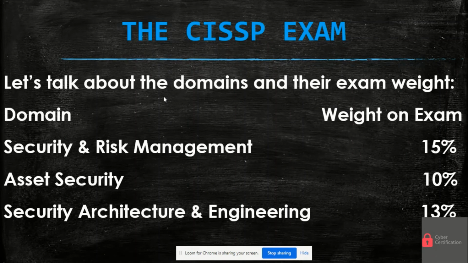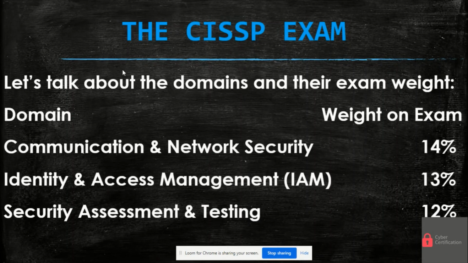Now let's talk about the domains and their exam weights. The different domains have different weights on the examination. Domain 1, security and risk management, has a weight of 15% on the exam. Domain 2, asset security, has a weight of 10%. Domain 3, security architecture and engineering, has a weight of 13%. Domain 4, communication and network security, has a weight of 14%.